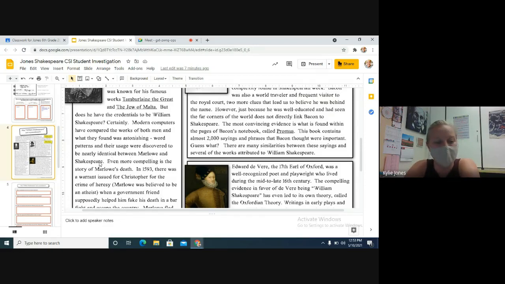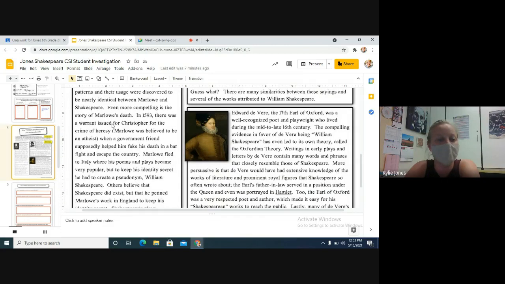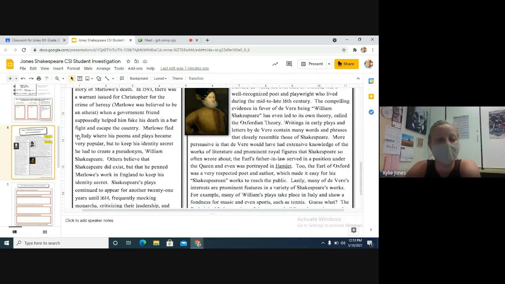Even more compelling is the story of Marlowe's death. In 1593, a warrant was issued for Christopher for the crime of heresy. Marlowe was believed to be an atheist, so he was going against the church. A government friend supposedly helped him fake his death in a bar fight and escape the country. Marlowe fled to Italy, where his poems and plays became very popular, but to keep his identity a secret, he had to create the pseudonym William Shakespeare.